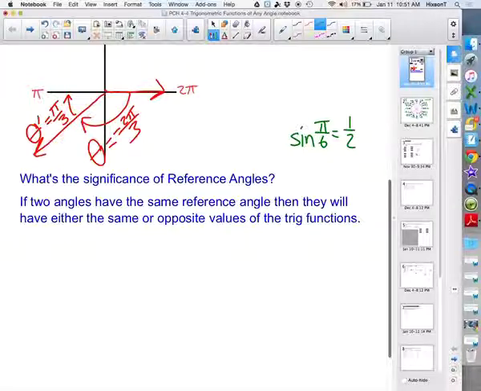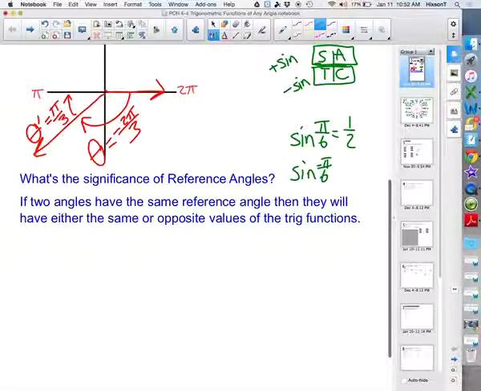And that's where you use "All Students Take Calculus" to figure out, am I in the first or second quadrant? Then I know sine is positive. If I am in the third or fourth quadrant, then I know sine is negative. So then you're thinking through, what if I were trying to find the sine of negative pi over 6?